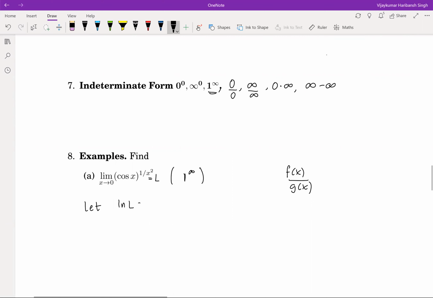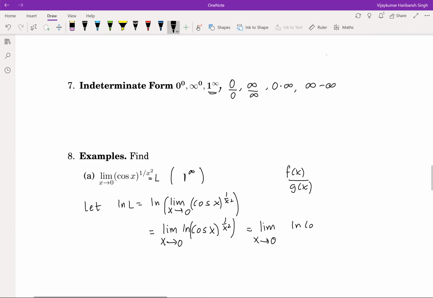ln of this limit, 1 by x squared, and the ln can jump in. Using the property of log, this will be ln of cos x over x squared.